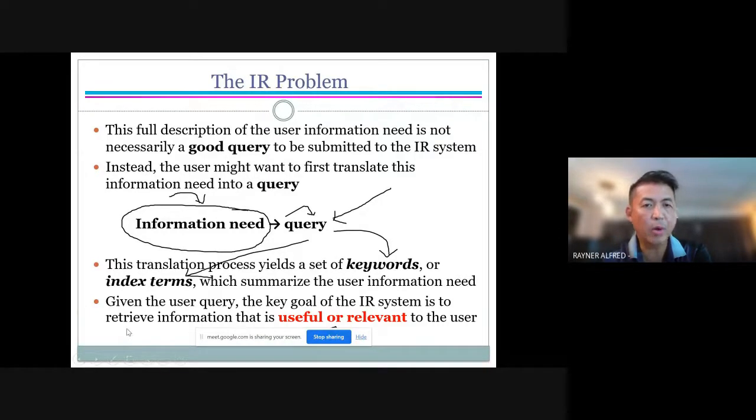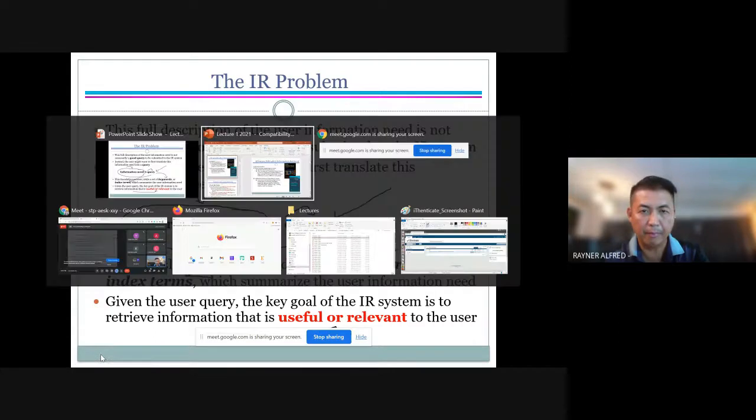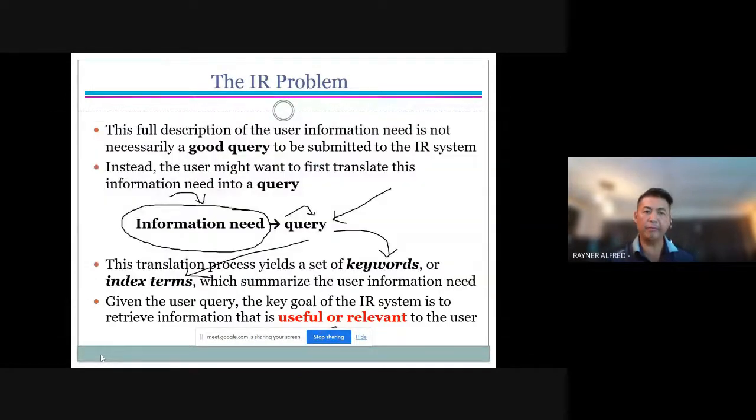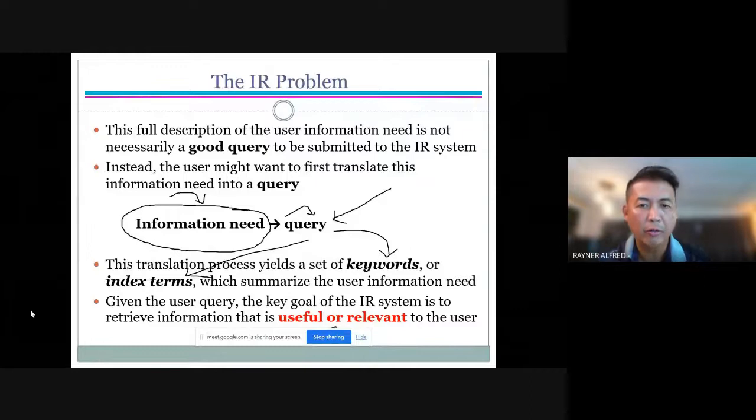So the point that I wanted to make just now is that given the information that you need, we need to transform it into a query.